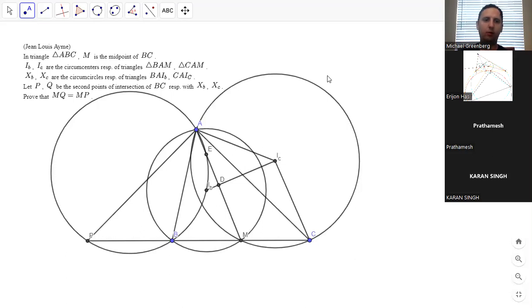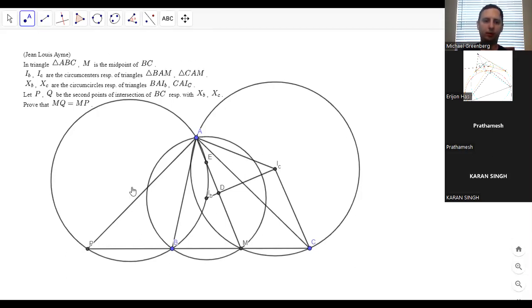Point Q. So we actually want to show point P equals point Q, which is basically the same as saying that PAIBIC is cyclic. If we could show that, that would solve the problem. So we want to show P and Q are the same point, so that QAIBIC is cyclic. And that's the same as showing that triangle PAM is isosceles.